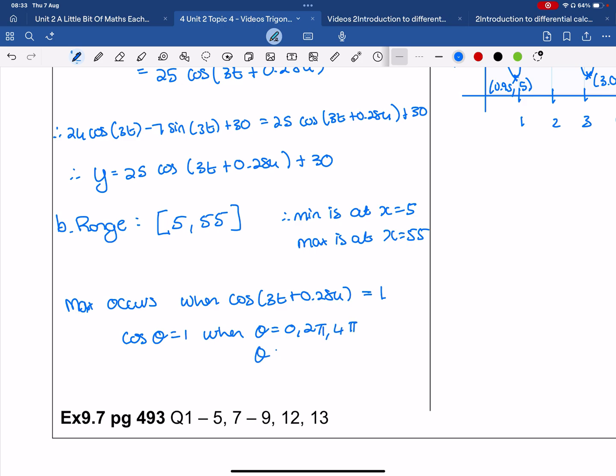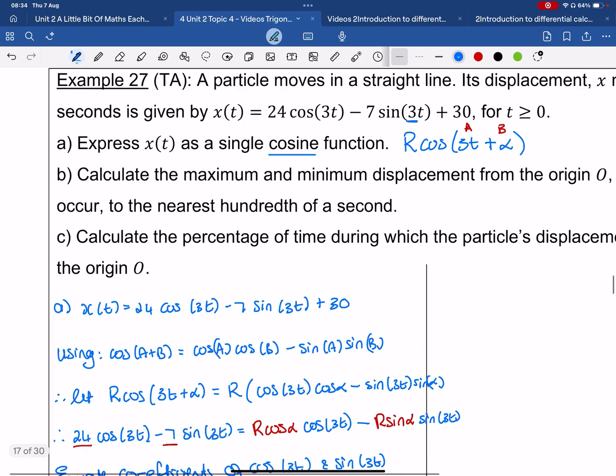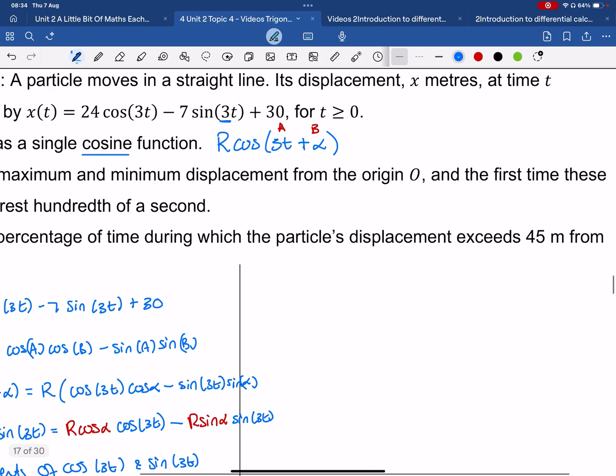So when theta is 0 plus or minus 2k pi and k is an integer. But the first time is going to be when theta equals 0.